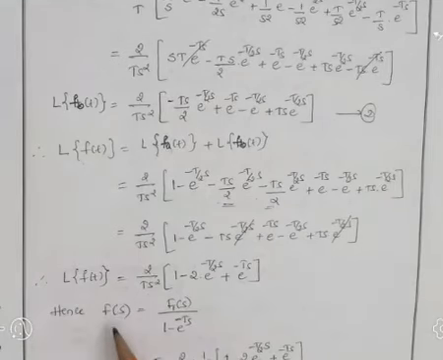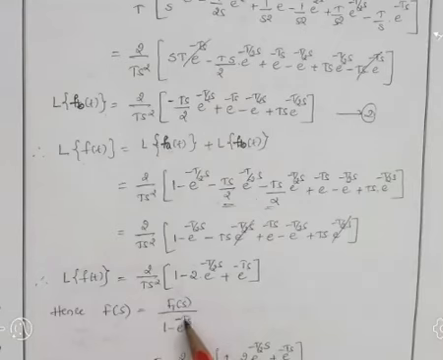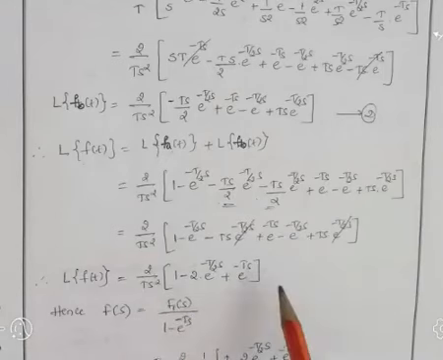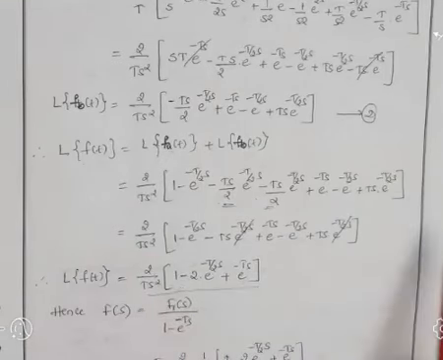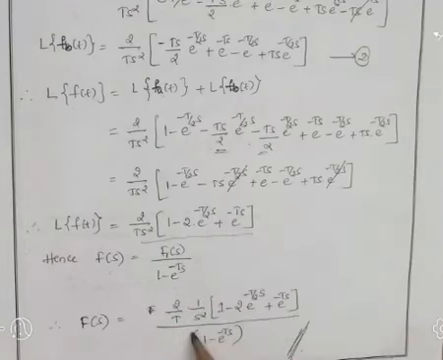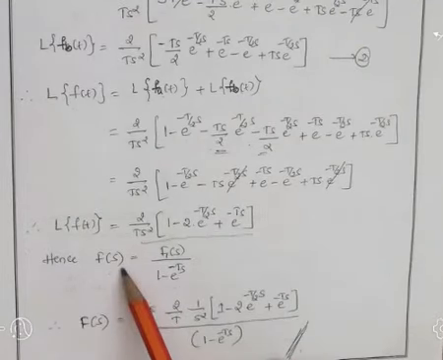F of s equal to 1 divided by 1 minus e to the power minus Ts, where T stands for the period of the first cycle, multiplied by the Laplace transform of the first cycle. So already we calculated this, the Laplace transform of the first cycle, correct? So substitute this in the definition of the Laplace transform of a periodic function.